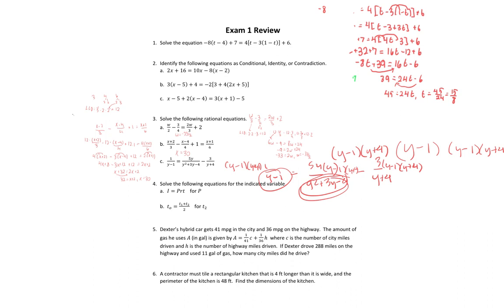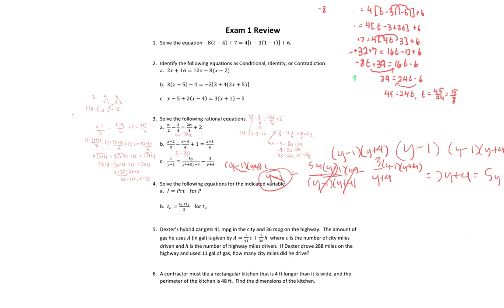And like I said, I'm going to go ahead and erase this because we can rewrite this, right? We can write this as y minus 1 times y plus 4. So we know that the y minus 1's cancel on this side, leaving us with just a y plus 4. And then here we know that the y minus 1's cancel and the y plus 4's cancel, giving us a 5y.